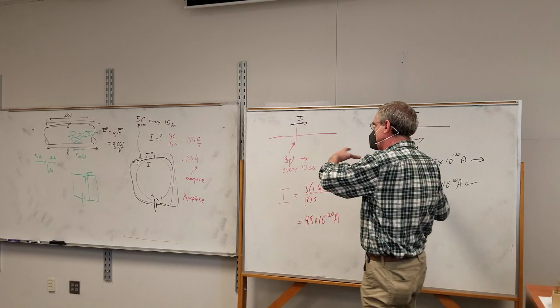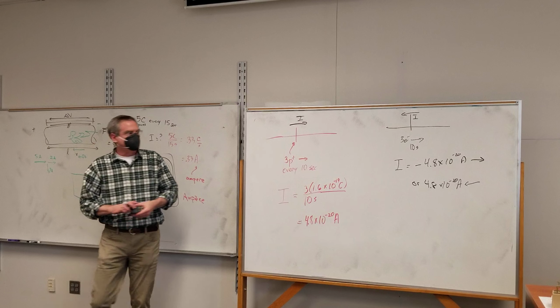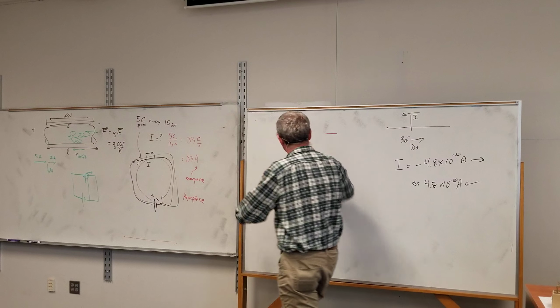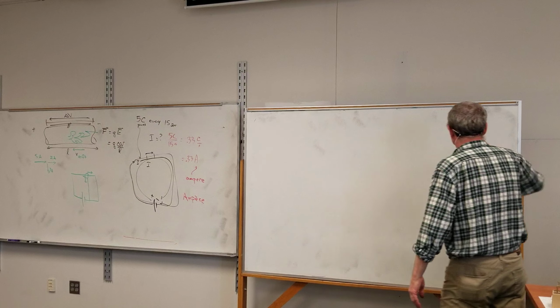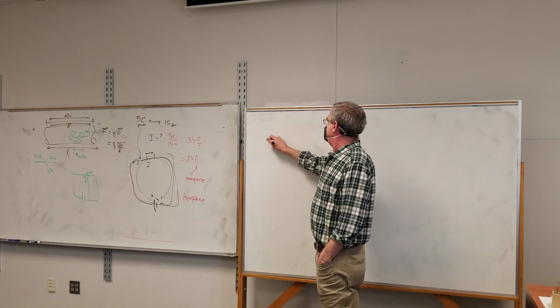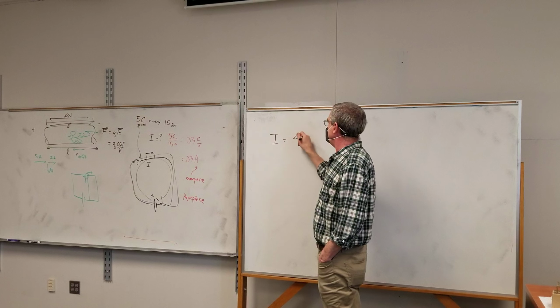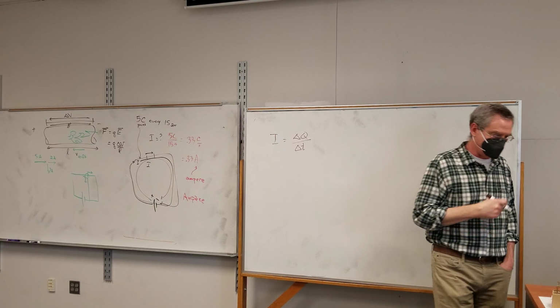All right, so let's connect some of the stuff we did with what I've just written up on the board. See if we can figure out what we have control over and what we don't. I know current is the amount of charge that flows by a particular spot in a certain amount of time.